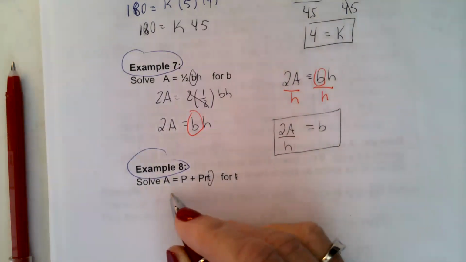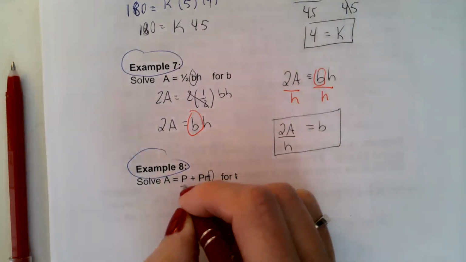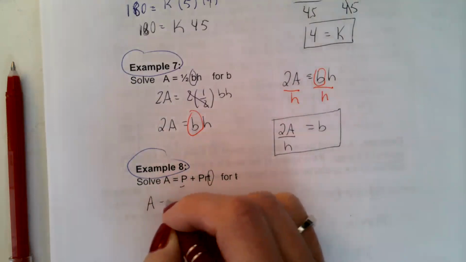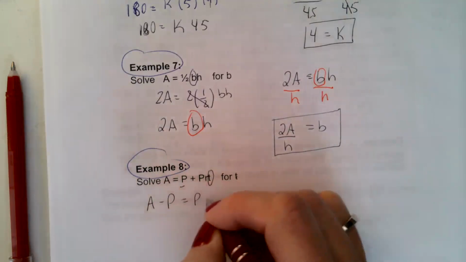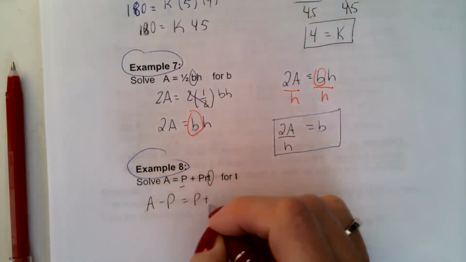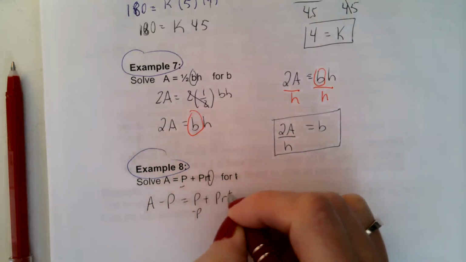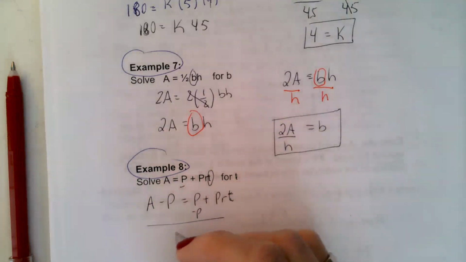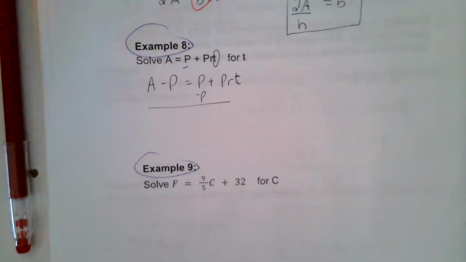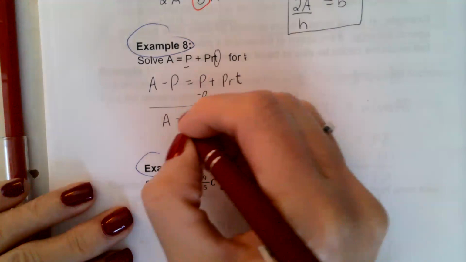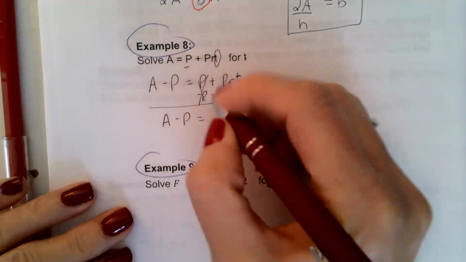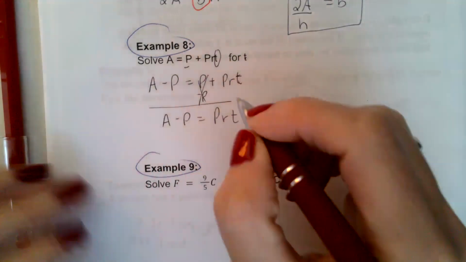So I'm going to subtract this P from both sides, A minus P. So we have A minus P, since I don't know what P is, equals PRT.